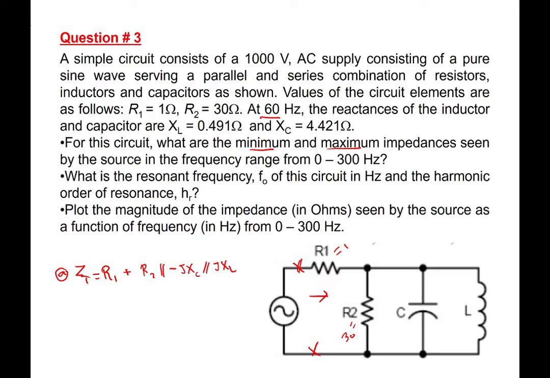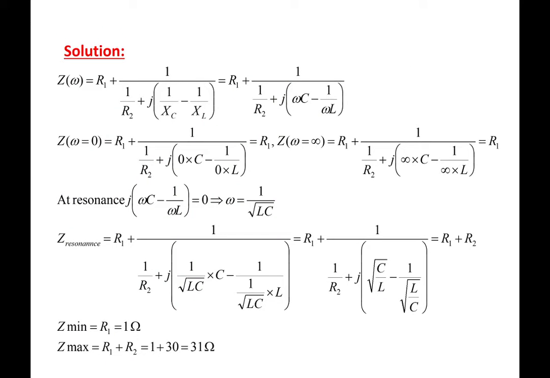Or of course it can be written as 1 over R2 plus 1 over minus JXC plus 1 over JXL. Now if we simplify the equation, we can take J as a common factor, and we end up with this formula over here.